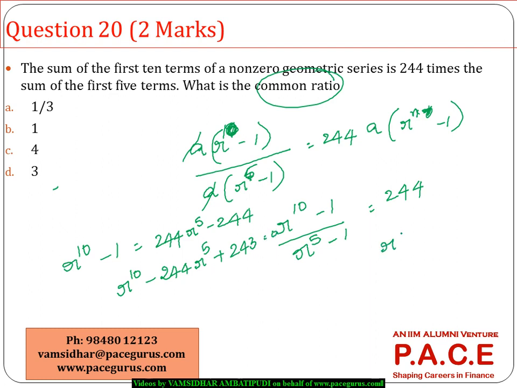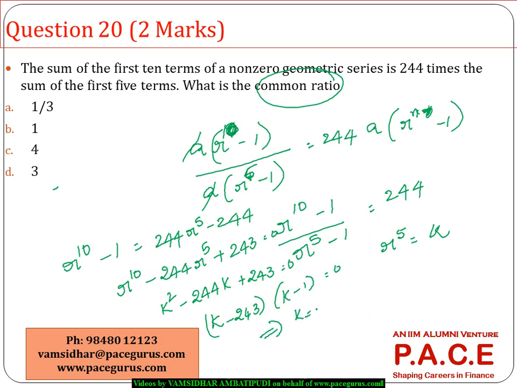Now if I assume r power 5 equal to some k, it comes out as k squared minus 244k plus 243 equal to 0. So which is coming out as k minus 243 into k minus 1 equal to 0, working out to k equal to either 1 or 243.